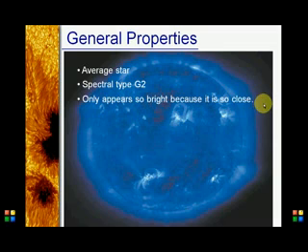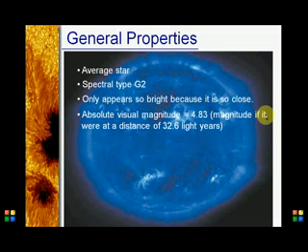It only appears so bright because it's so close to us. The absolute magnitude of the Sun equals 4.83, which is the magnitude of the Sun if it were at a distance of 10 parsecs or 32.6 light years.